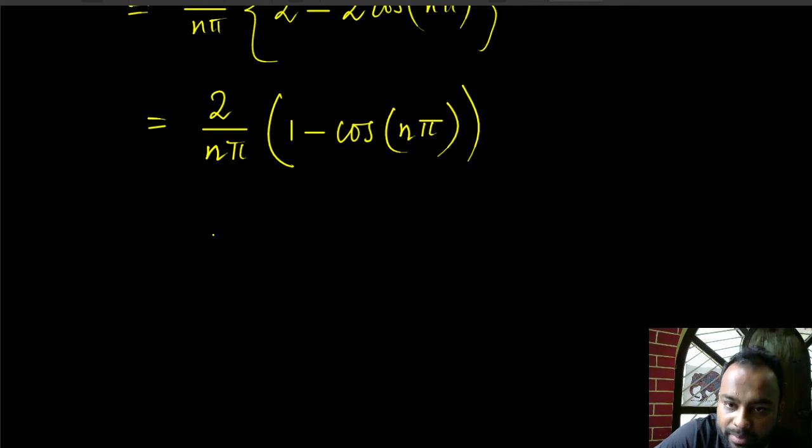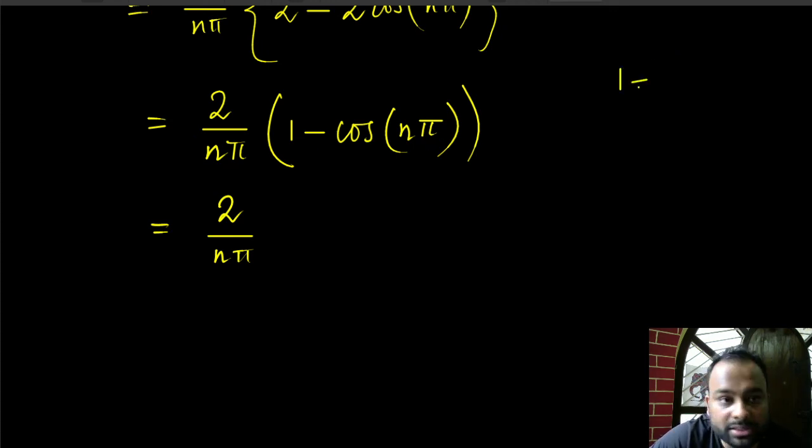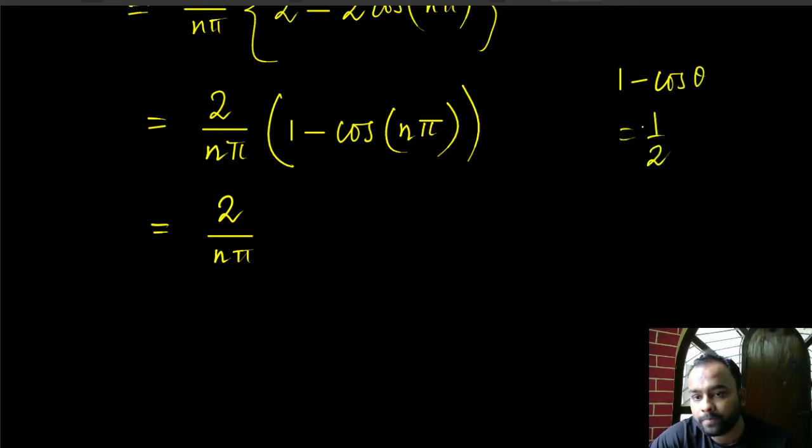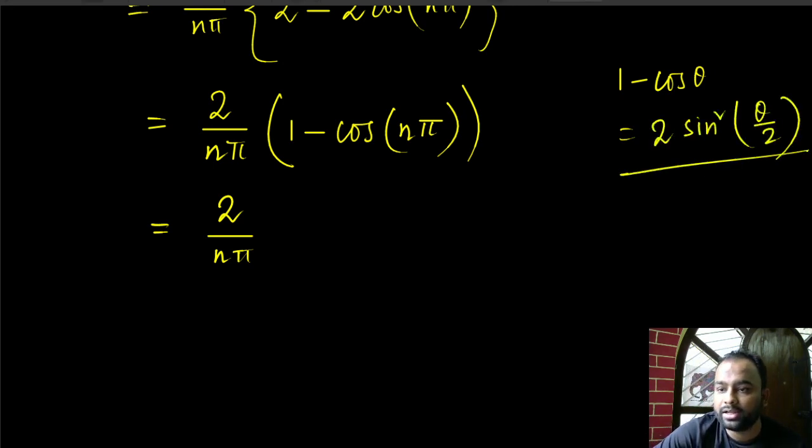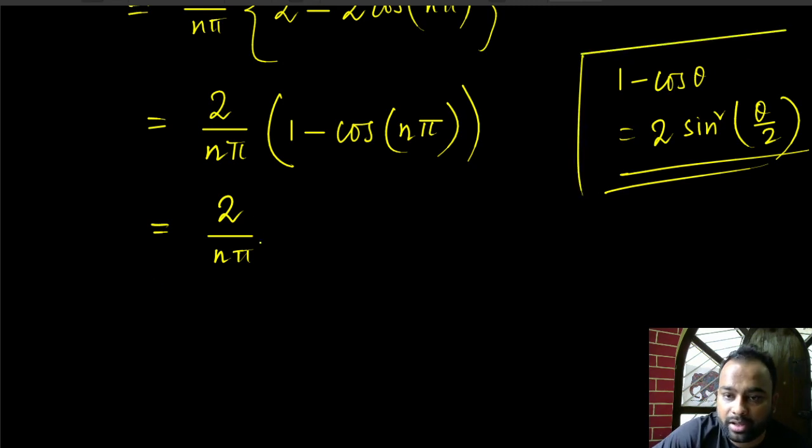So let me clear this up. Instead of doing that, we have a simpler way of doing this. So this is n pi, and of course this is 1 minus cos theta. 1 minus cos theta is 2 sine square theta by 2, your school level formula. Let's apply that here.